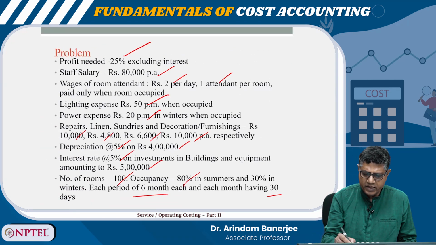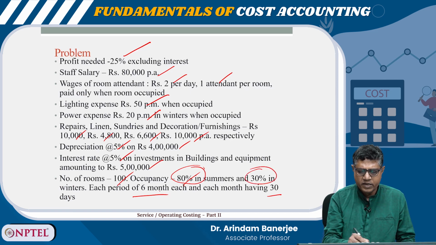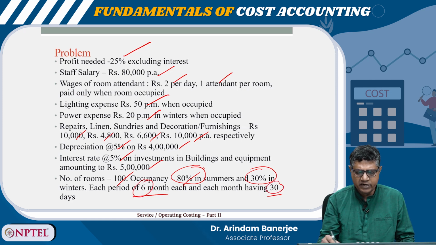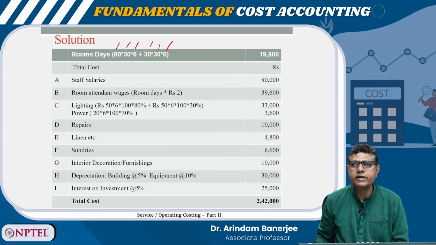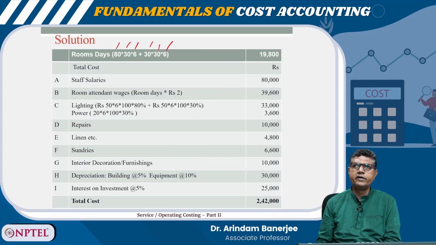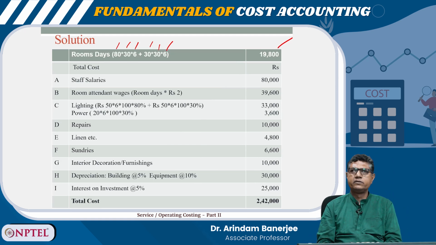It is given here: occupancy 80% in summers, 30% in winters. Each period is 6 months, having 30 days. So it is 80 into 30 into 6 and 30 into 30 into 6. So it is coming to 19,800, right?